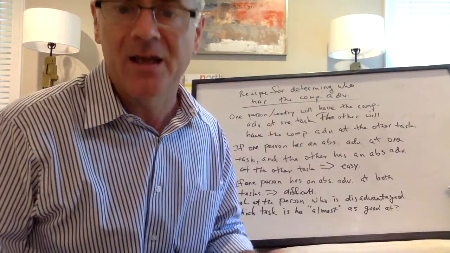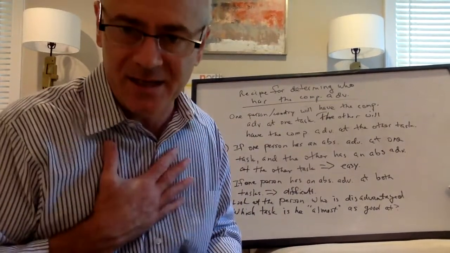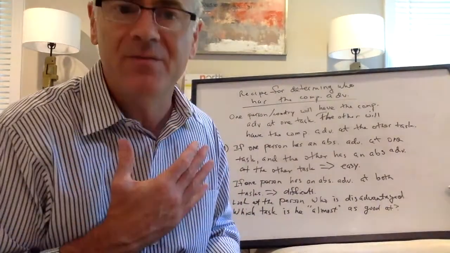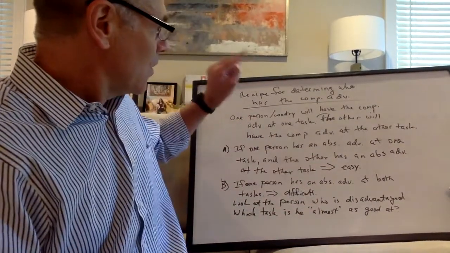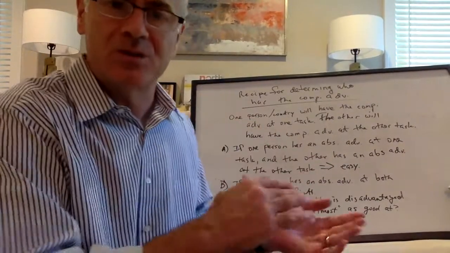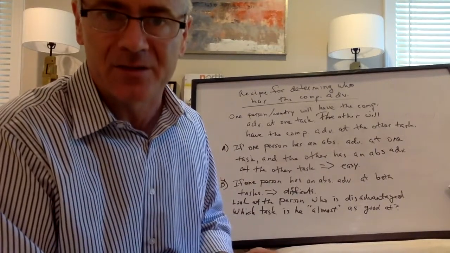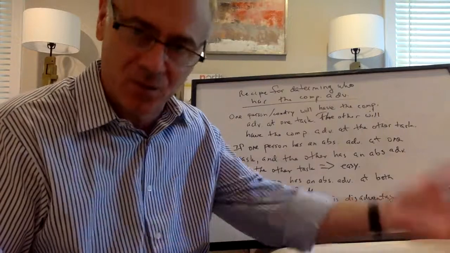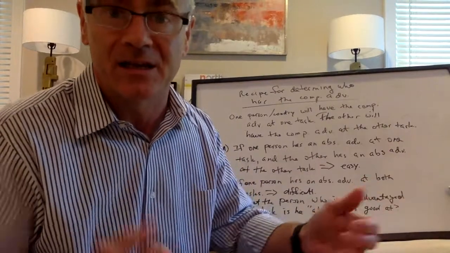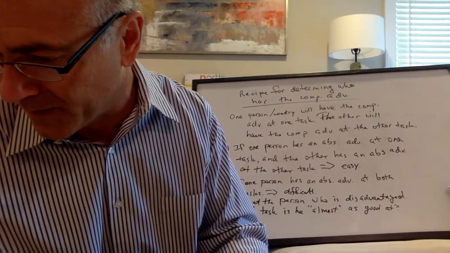The answer is cooking. So you would say Tim has the comparative advantage at cooking. And I said always the other person will have the comparative advantage at the other task. So Victoria has the comparative advantage at dishes in that case.